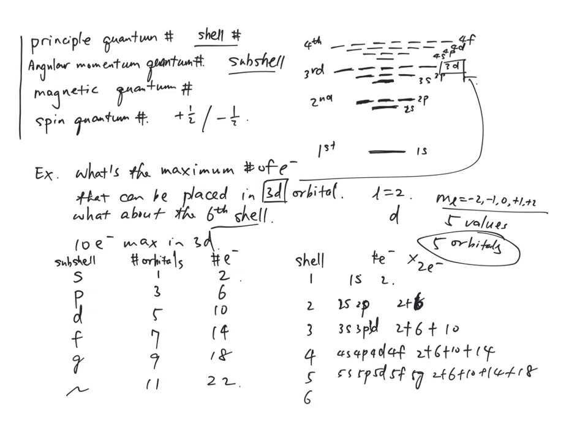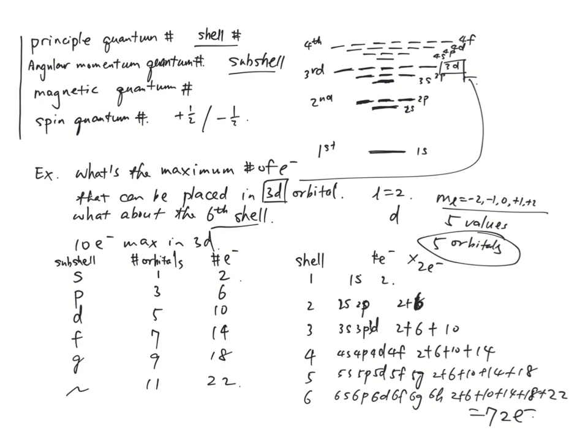And then, of course, the sixth: 6s, 6p, 6d, 6f, 6g, 6, whatever, let's call it edge. 2 plus 6 plus 10 plus 14 plus 18 plus 22. And that total should equal 72 maximum electrons.